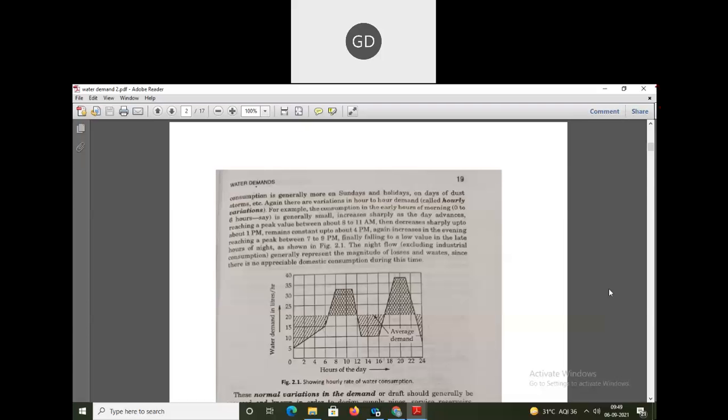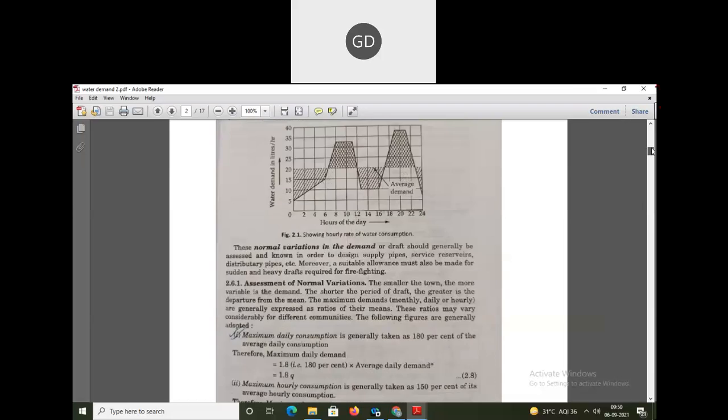Then it decreases around 1 p.m., when nobody is at home. Then when people come back to their homes, from 7 to 9 p.m., these are approximate values, the water demand again reaches a higher value. So like this it is varying in a particular day. That is your variations in water demand.